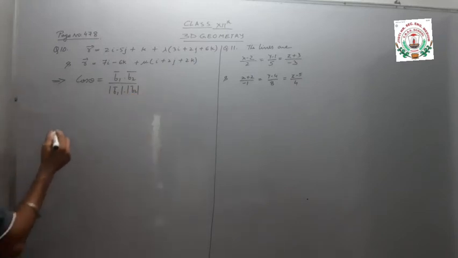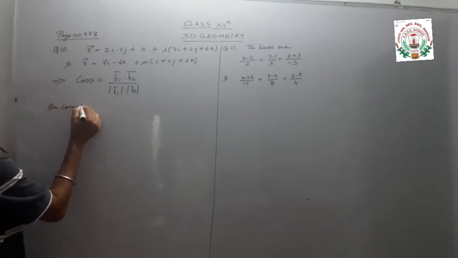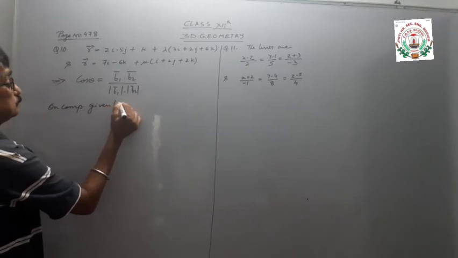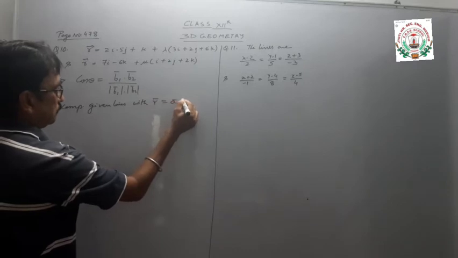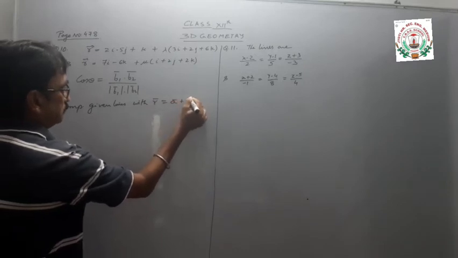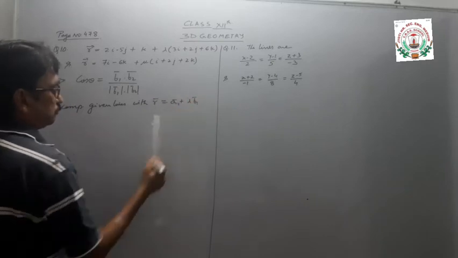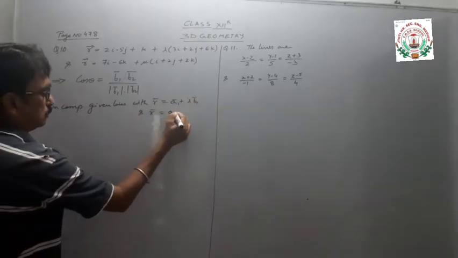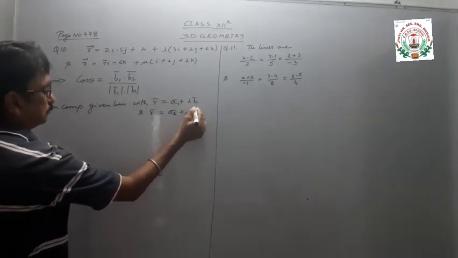We know that, on comparing the given lines with r vector equals a vector plus lambda b vector, the first equation, and the second equation I am going to compare with a2 vector plus mu b2 vector.